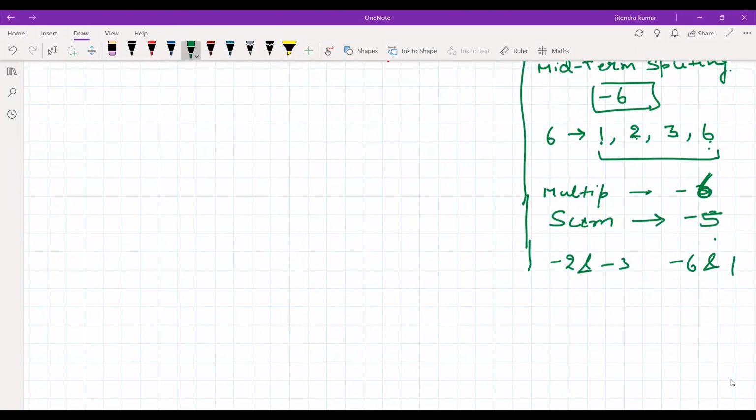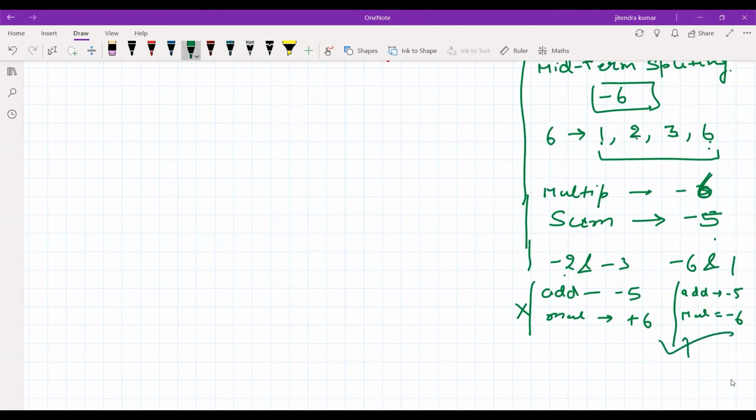In this case, -2 and -3 when added give us -5, but multiplication gives us +6, so this is rejected. The second case is -6 and 1. When we add these two, we get -5, and when we multiply, we get -6. So both conditions are satisfied.